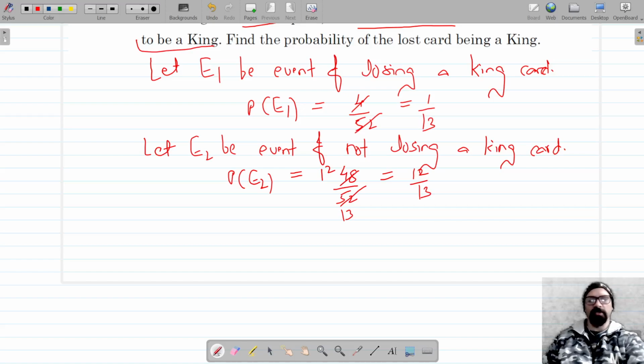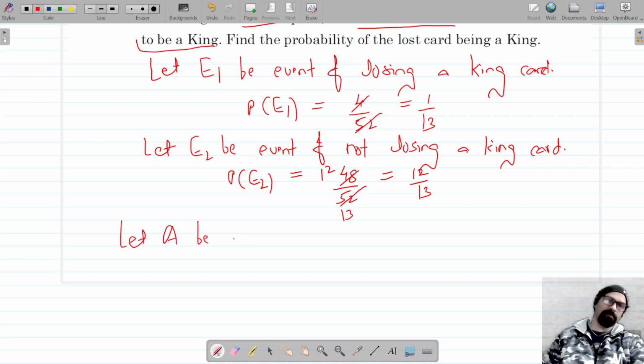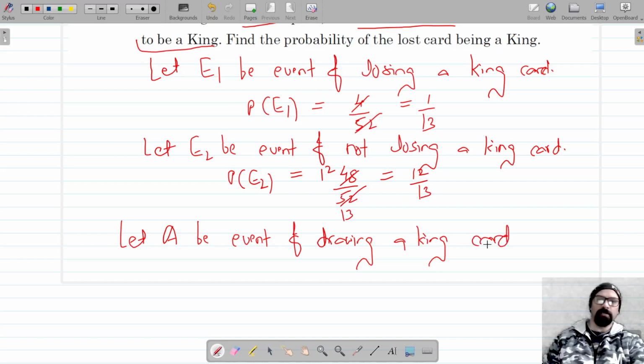So the card is lost, and now we have to draw a card, and A be the event of drawing a king card from the remaining 51 cards.